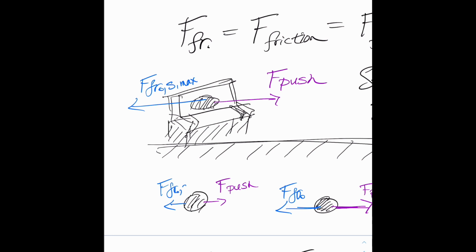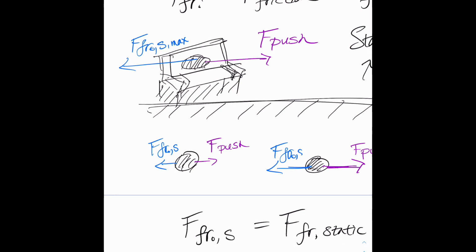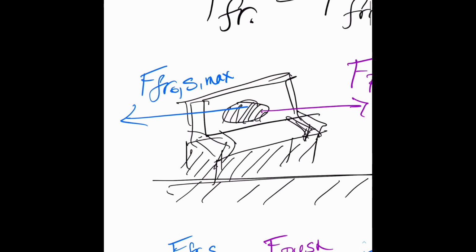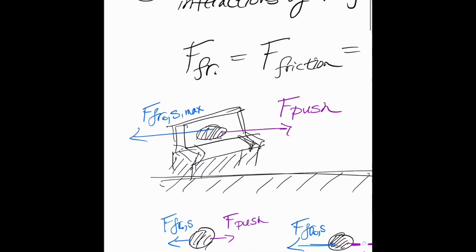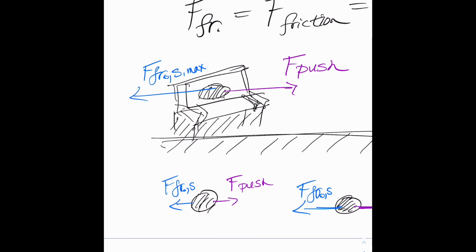But in this drawing right here with the couch actually drawn on here, this is where the force friction can no longer be as large as the push, and the couch just begins to move. So I'm going to write that down. I'll just make a little note right here. Couch just begins to move. So it's still an equilibrium situation right there when it just begins to move. But we will see that in problems going forward.